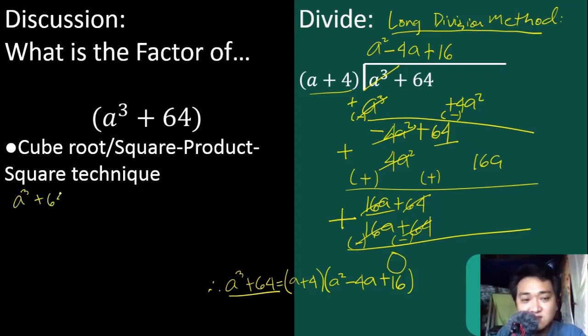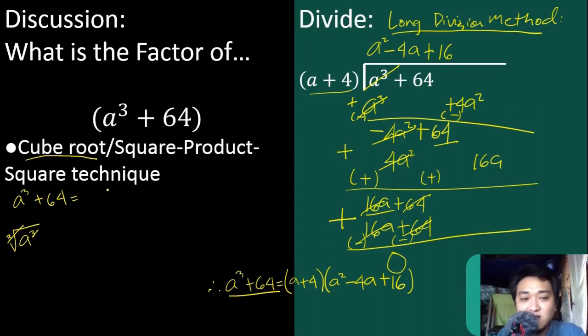So, let's say we would like to factor a cube plus 64. Ang gagawin natin, una, kunin muna natin yung cube root ng first term at saka cube root ng second term. Since these two terms are perfect cubes, madali lang natin makikita yung kanyang cube root. So, what is the cube root of a cube?